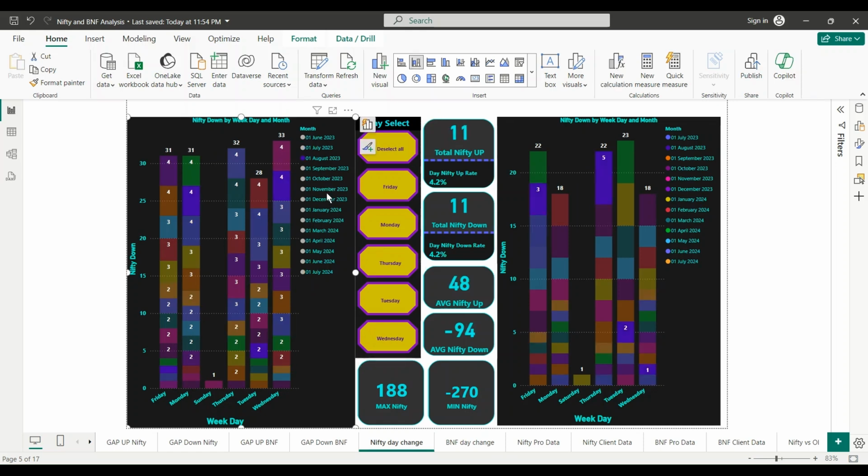So in August, 11 times up, 11 times down. So it's even, right? And the average up is 48 and down 94, so it's more negative on average, and the max up was 135. So we can give a rough idea that August will be a sideways month, kind of.